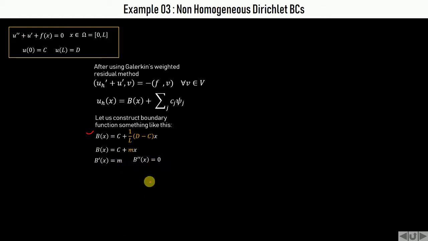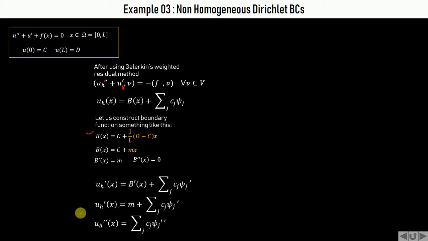Okay, now sorry, there should be a double dash here and it should be a UH here. Yeah. Now, okay, so UH dash is this, UH dash we have written, UH double dash is something like this. Just from this expression we have written this, and from this we are writing this. So let us write this expression.